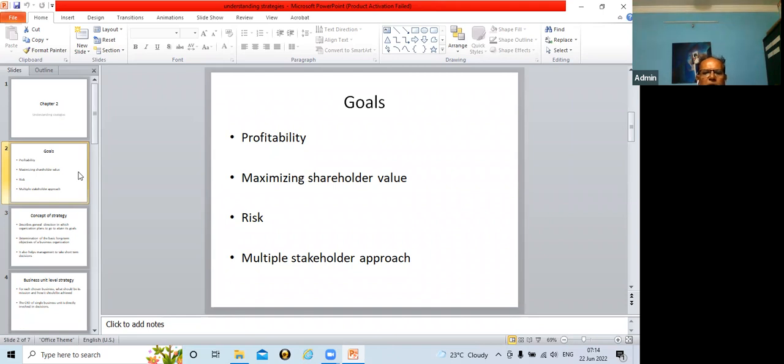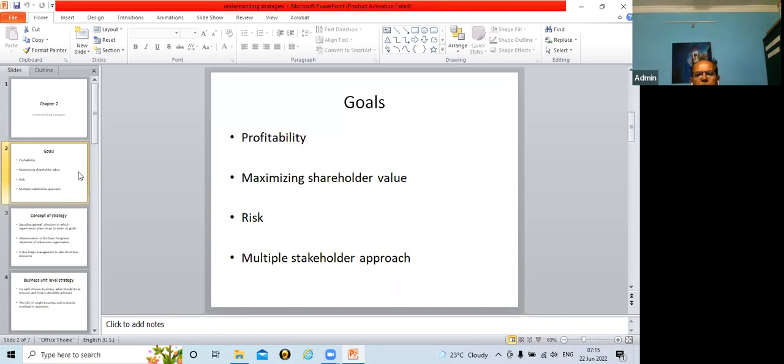And in order to control this dominant role, what enterprises do? Enterprises pay salary to their employees. They also give annual increment to their employees, incentives, post-retirement benefits. So by giving this kind of returns to their employee, they make happy to their employees. So multiple stakeholder approach.